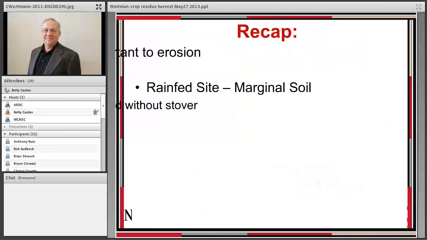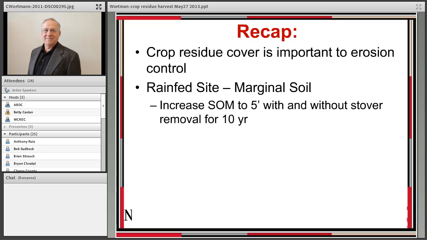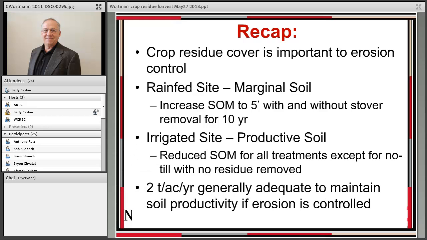So to recap, crop residue cover is important to erosion control. That needs to be probably our number one concern. With the rain-fed situation here at the ARDC, there was an actual increase in soil organic matter, even with crop residue removal. But the irrigated site, on the other hand, we did not see that increase.